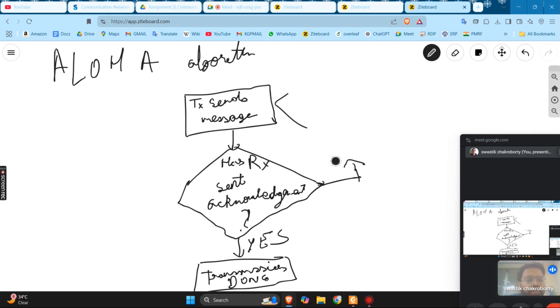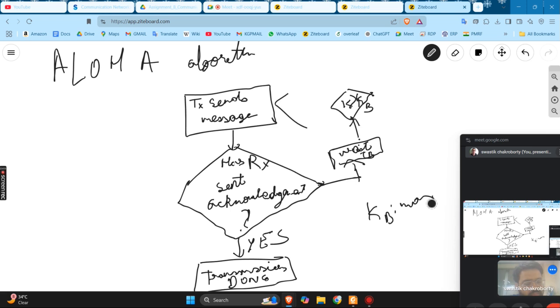Here we will first wait TB. Then we will make a decision based on, is K greater than KB? KB is the maximum number of retransmission attempts.